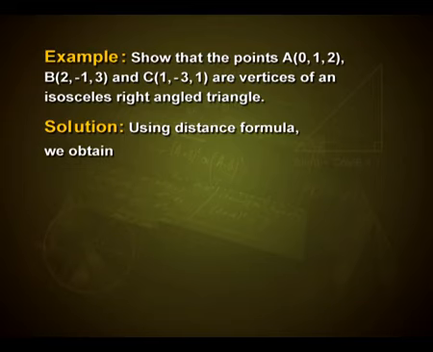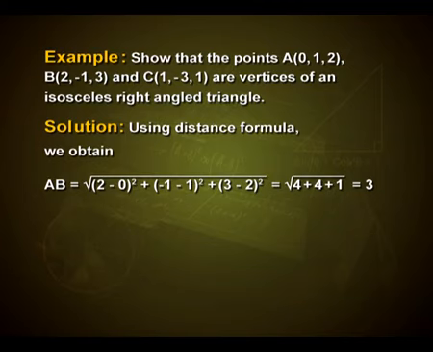Look here, when we calculate AB using the distance formula, we have square root of (2 minus 0) whole square plus (-1 minus 1) whole square plus (3 minus 2) whole square, which on simplification gives square root of 4 plus 1, that is square root of 9, which is equal to 3.